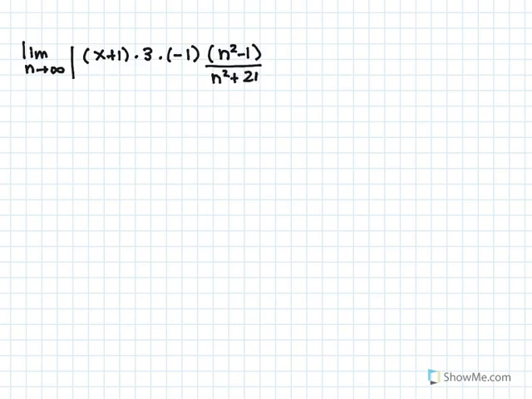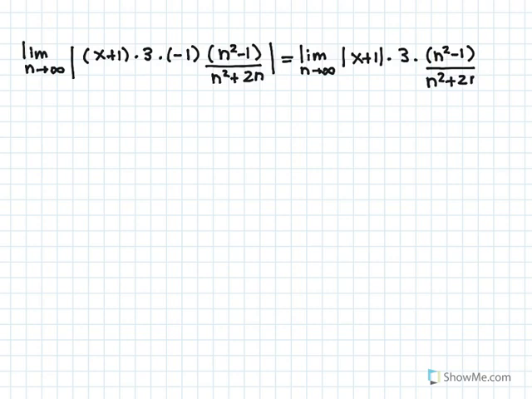This is equal to the limit as n approaches infinity of the absolute value of x plus 1 times 3 times n squared minus 1 divided by n squared plus 2n.